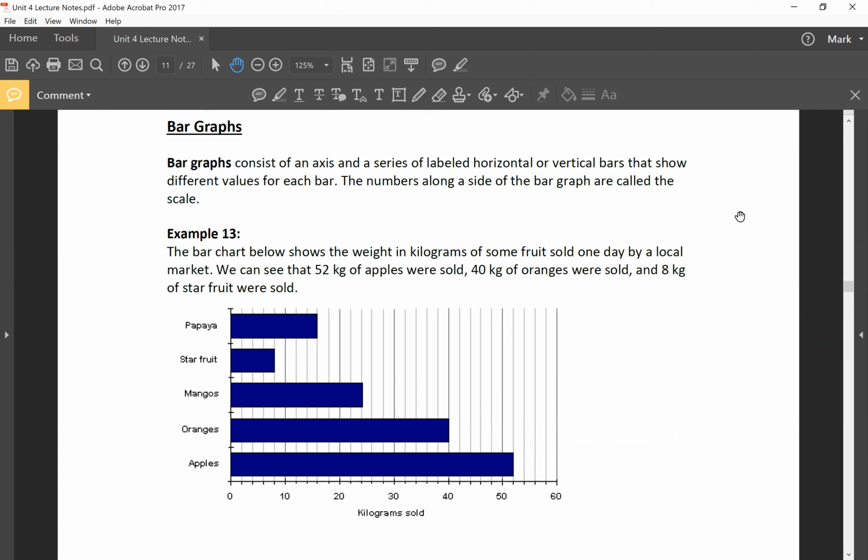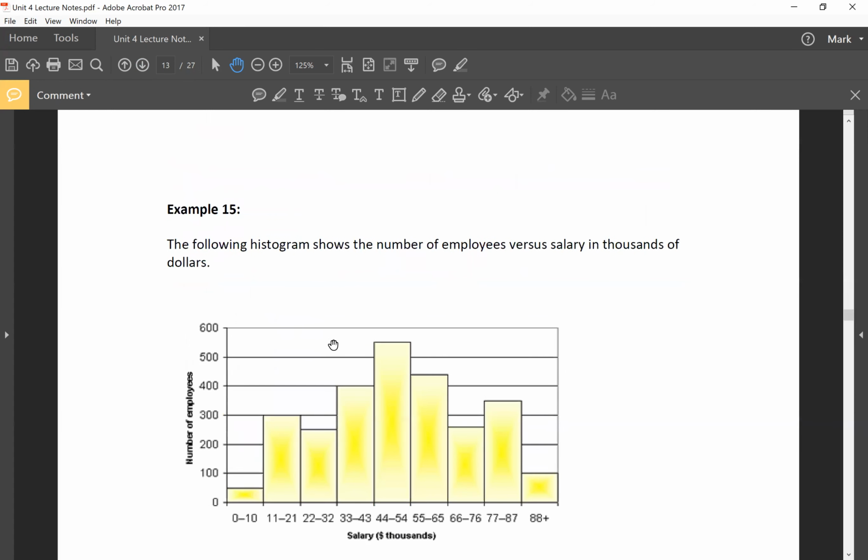So bar graphs. Bar graphs are like a line graph. They have horizontal and vertical axes, so X and Y, that show different values. The thing about bar graphs is they can be horizontal, meaning they can go this way, or you could have a bar graph that goes up and down.